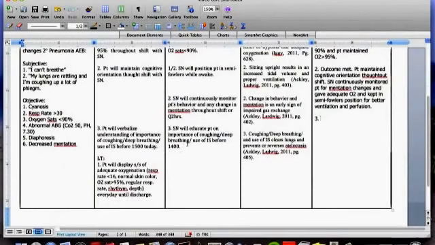Well, I'm sorry to say that this outcome was not met because even though I educated my patient on the importance of these things, she just did not get it. She couldn't comprehend this. So I'm going to keep working on her, and I'm going to say the outcome was not met, and then I'm going to revise my plan.